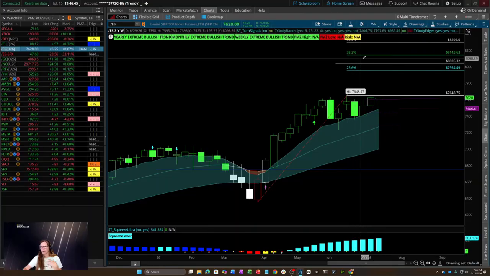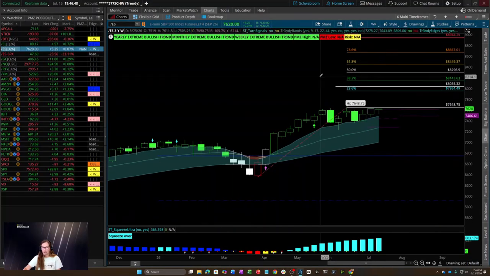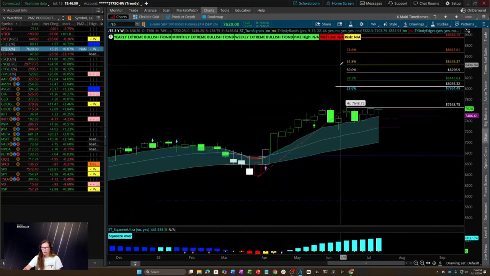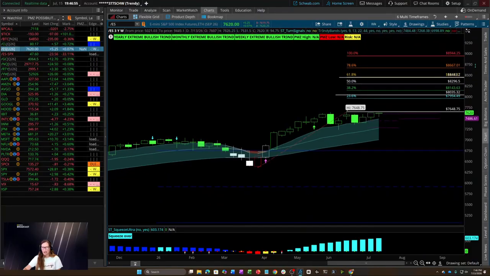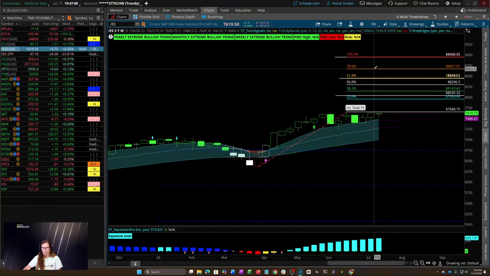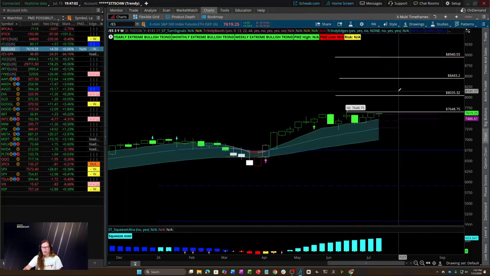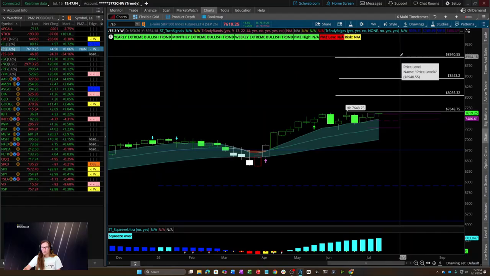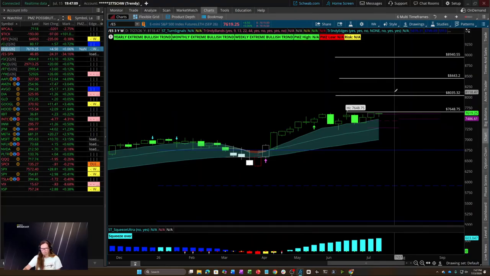Okay, it's right about there. All right, then I definitely want the golden Fibonacci level right there. And then 100% of this move right here. Okay? That's how I use it for extension targets to the upside.